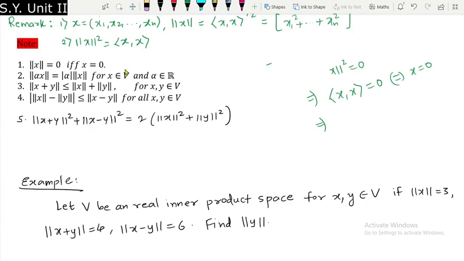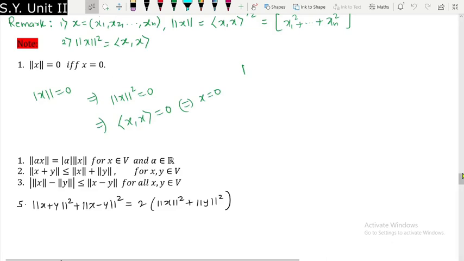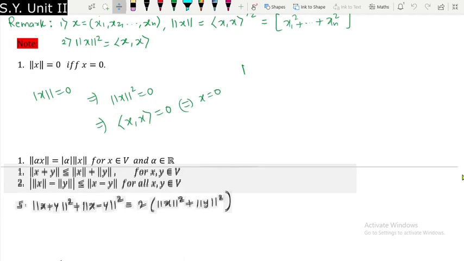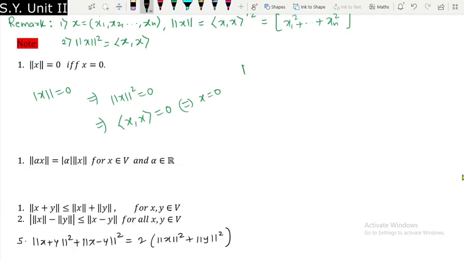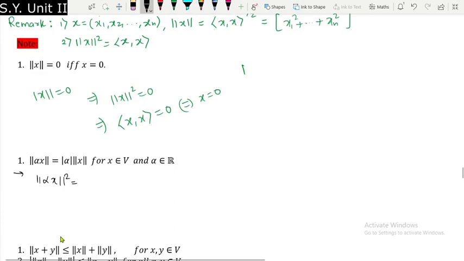The proof of the second property is also simple, on similar lines. I will just tell you the idea. If I consider norm of alpha x square, it will be equal to the inner product of alpha x with alpha x, since we know norm of x square is the inner product of x with x.